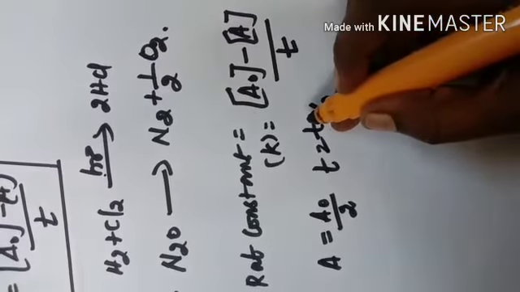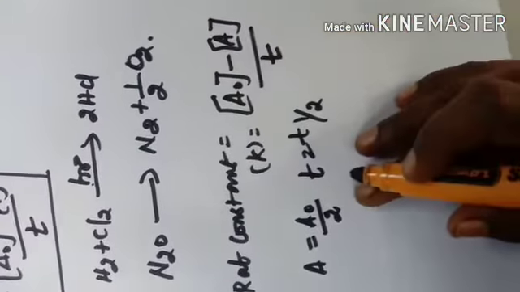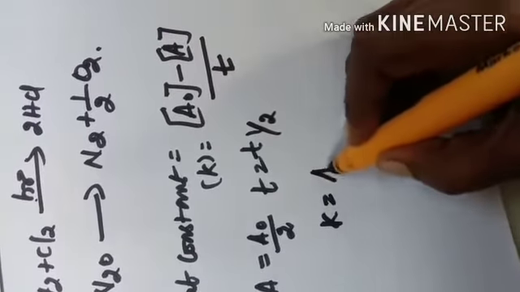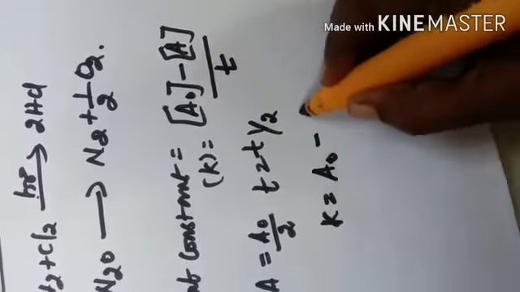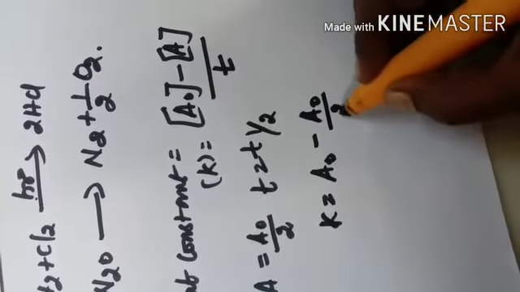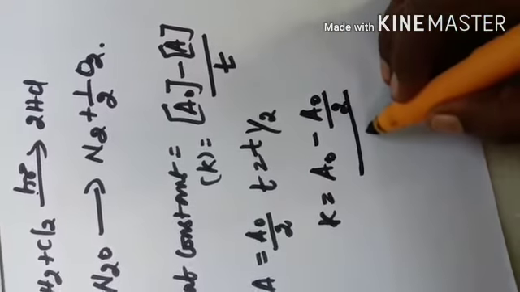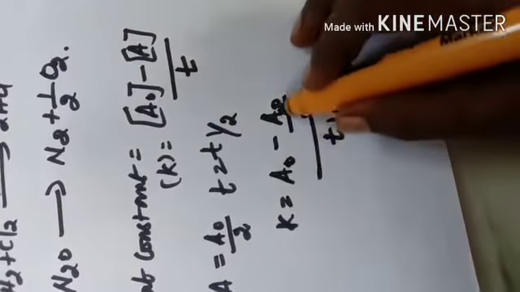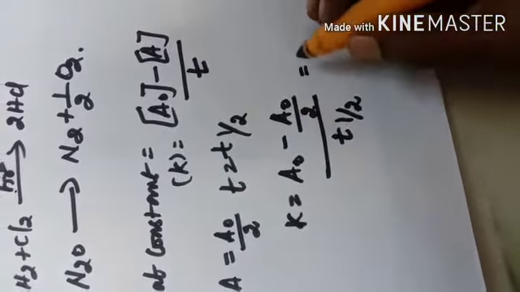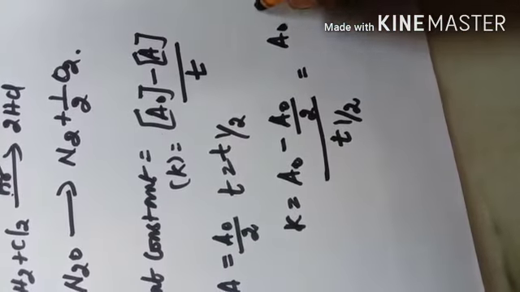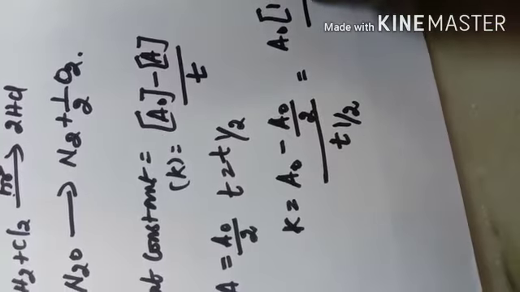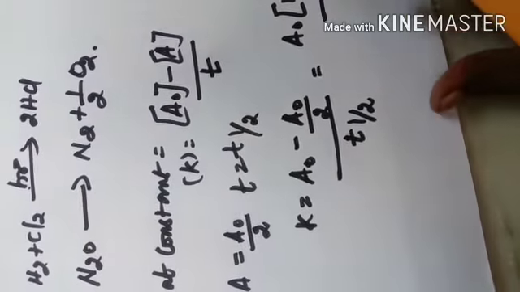Substitute these two values in the above equation and you will get k equal to A naught minus A naught by 2 divided by t half. Here A naught is common, so take it out: A naught into 1 minus half, divided by t half.